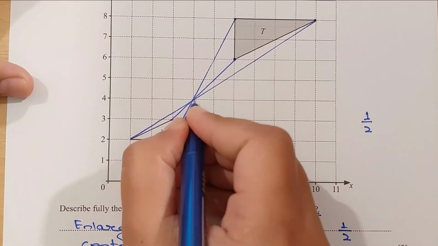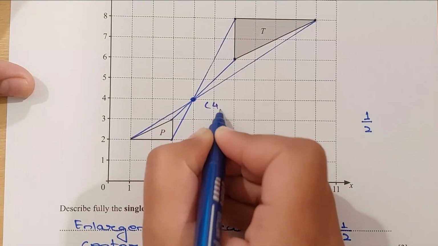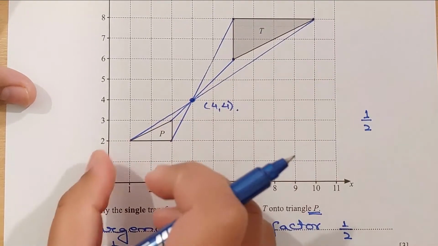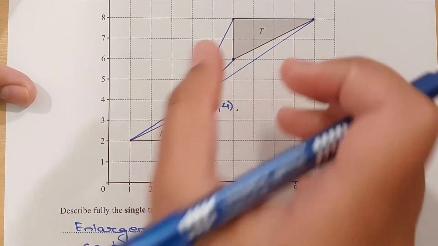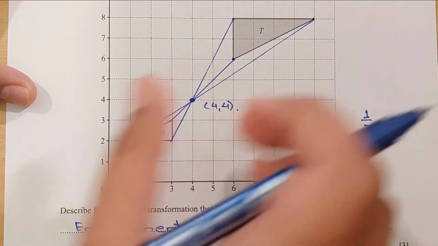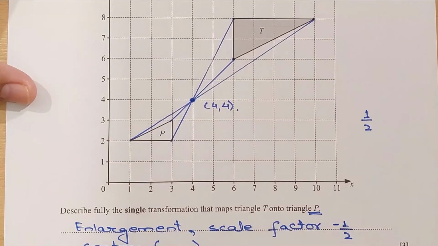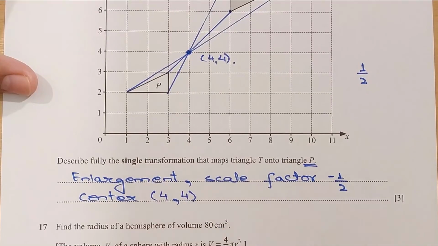So this is the center, (4, 4). This is the center of enlargement, and you can see this is the shape after enlargement and this is the original one. The enlarged shape is on the other side of the center, so we have a negative scale factor. If it is on the same side, it has a positive scale factor. The center is (4, 4).